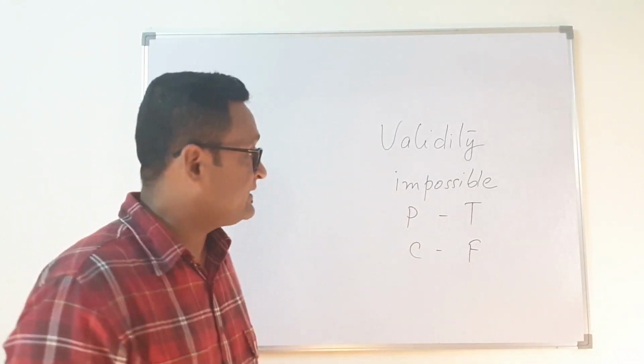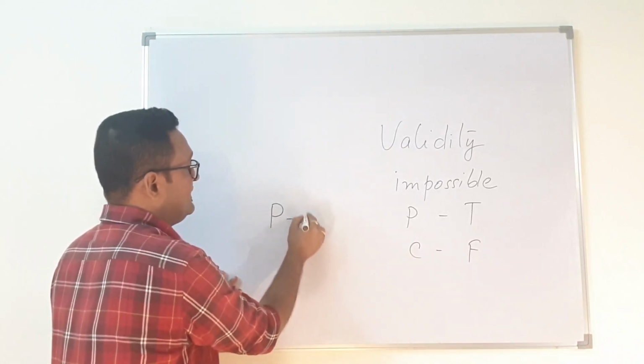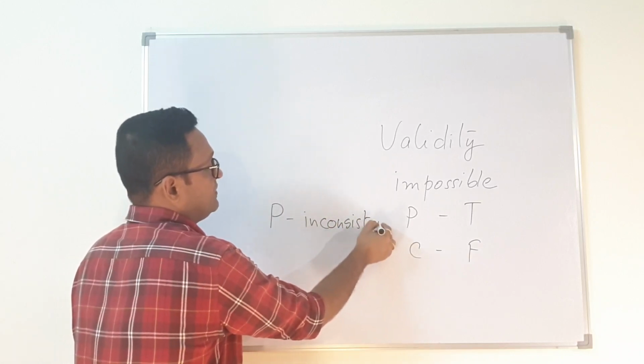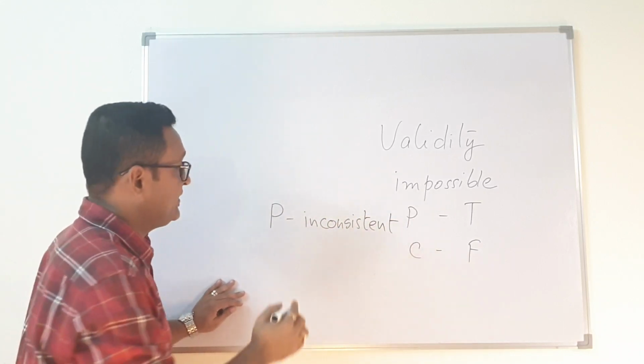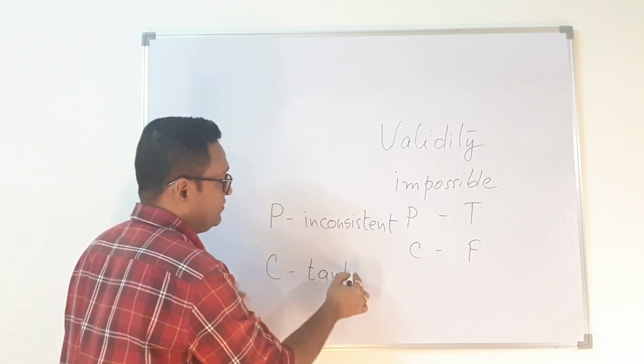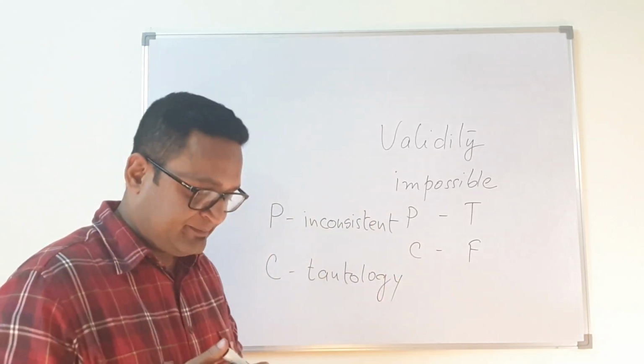We also said that if the premises are inconsistent, the argument will be valid. We also know that if the conclusion is a tautology, then the argument is also valid.